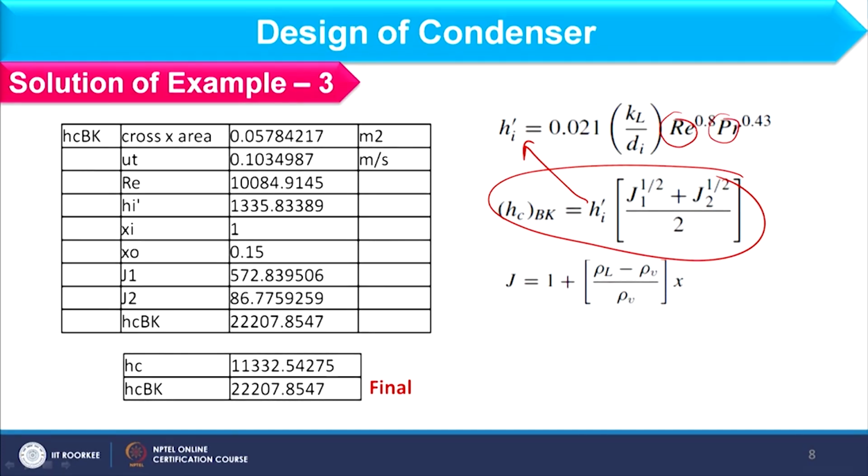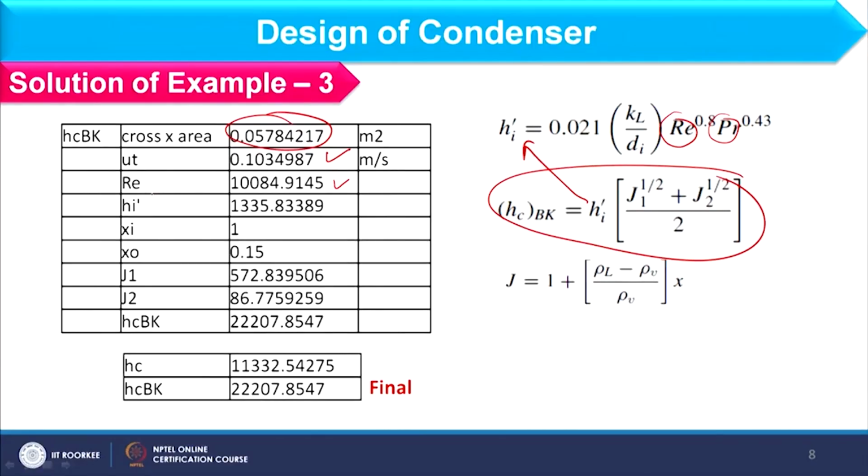So, that Reynolds number you can find out depending upon the cross flow area and velocity, and so you can find out Reynolds number which is coming out same as we have calculated in the last slide, and the reason is very simple because both are condensate. Okay. So, in this way we can find out Reynolds number, and I can find out HI dash value considering this expression, and it comes as 1335.834 watt per meter square degree Celsius.